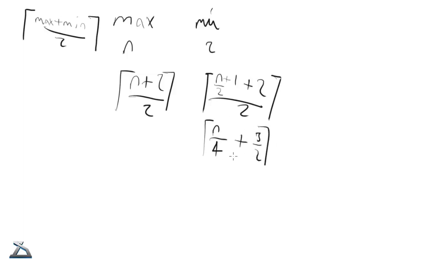And because of the ceiling, well, let's just suppose that this comes out to even, then what's going to happen is this is going to be n over 4 plus 2, right?